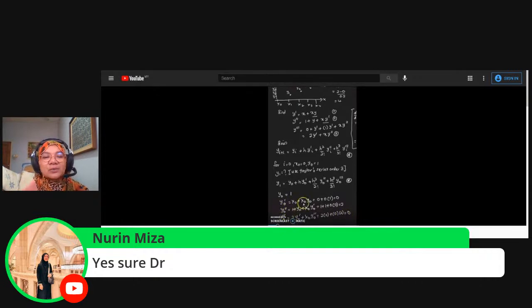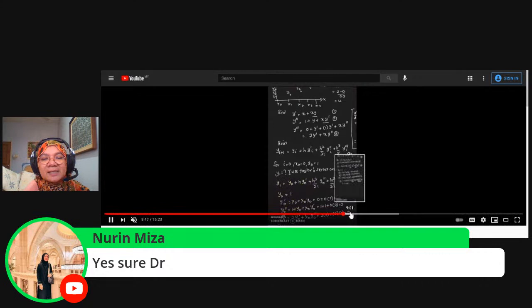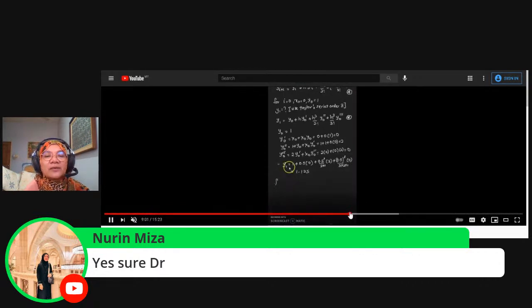Towards the end, what you get is all the values of y, y prime, y double prime and y triple prime, and then you insert them into the Taylor series of order three.